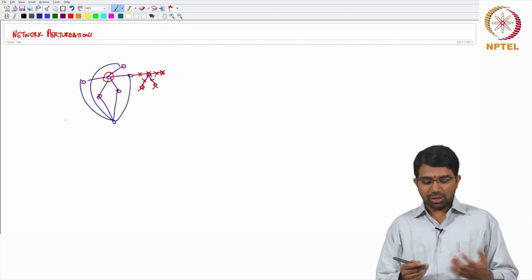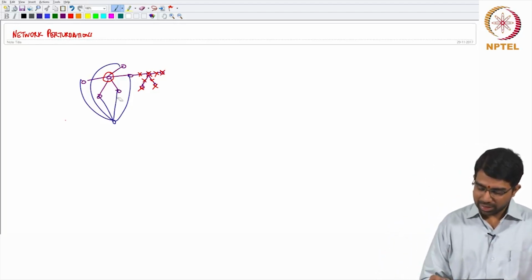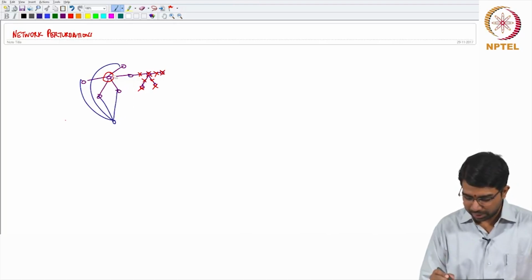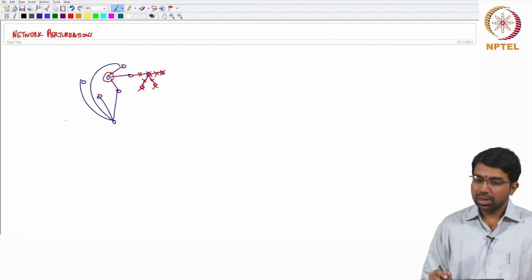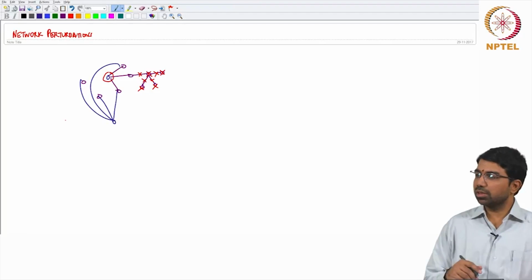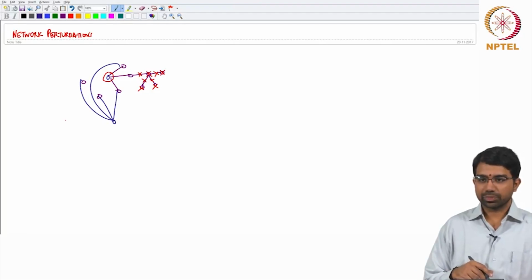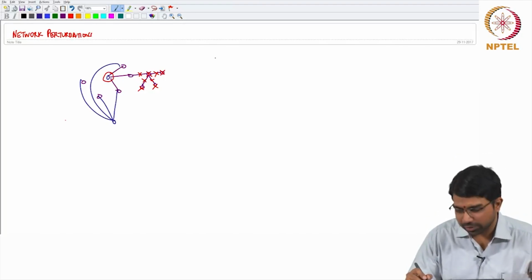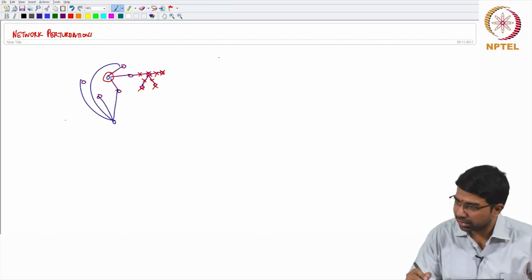But then in future other interesting things can happen, maybe there is no selection pressure on this edge, so it can go away, maybe this edge could go away, this edge could go away, right, and your resulting network could be very different from what you started off with. So, we studied a few ways of generating networks, right.